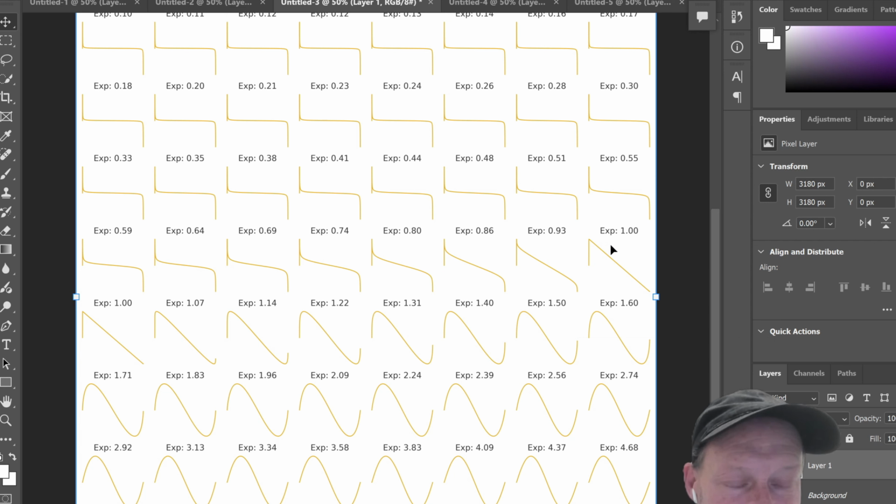Over the course of several wavetables, I changed n, so the harmonic falloff of 1 over n, making it smaller and also bigger. So you can see what happens as we change n smaller.